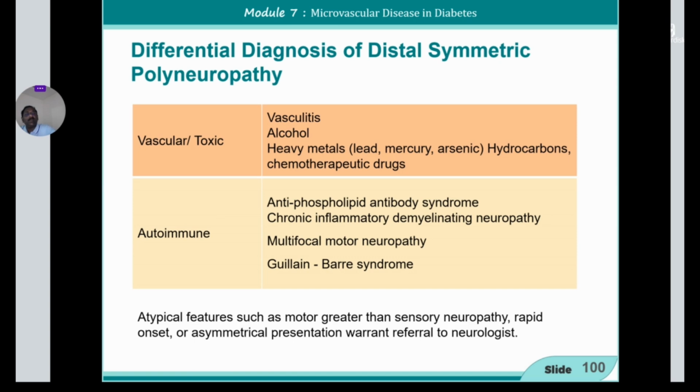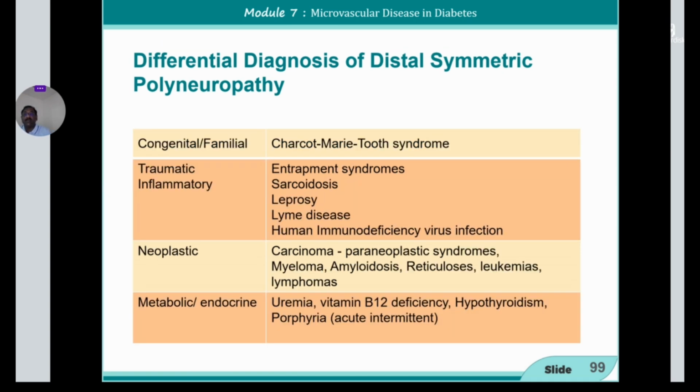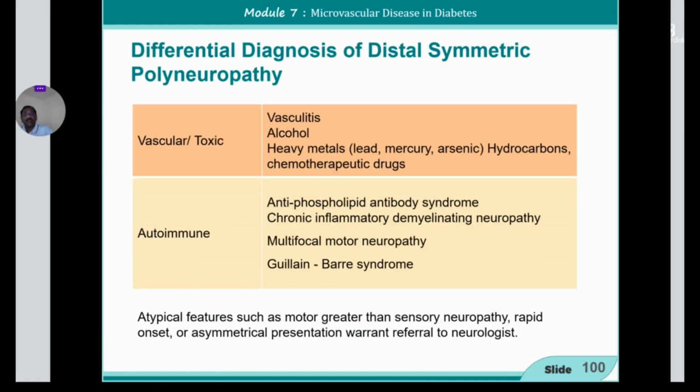So these are the common differentials of your distal symmetrical polyneuropathies. Again, I am repeating, not all distal symmetric polyneuropathies are because of diabetes. So you have to think of congenital, familial, traumatic, inflammatory, neoplastic, metabolic, vascular, toxic, and sometimes autoimmune.